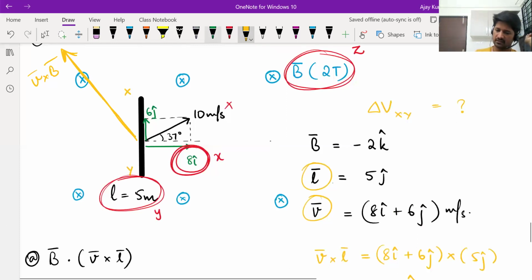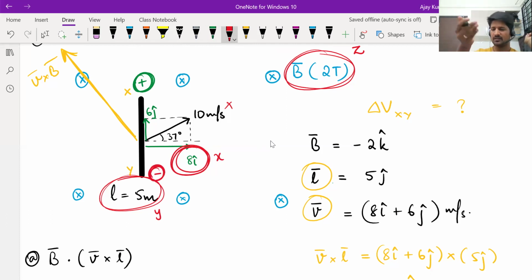Still, positive charges will go this side, negative charges will come the opposite side. So the end X will be at higher potential and the end Y will be at lower potential. So effectively, that rod between X and Y behaves as a battery whose EMF is 80 volts. Is this clear to all of you?